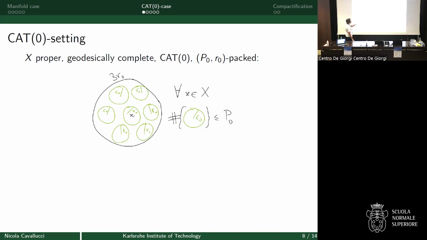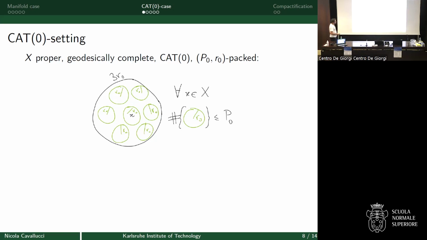And the packing condition, we saw it in many talks this week, but simply means the following. For any point, you take the ball of radius 3 R0 around the point, and you count how many disjoint balls of radius R0 you can put inside, and you want that this cardinality is uniformly bounded independently of the point.